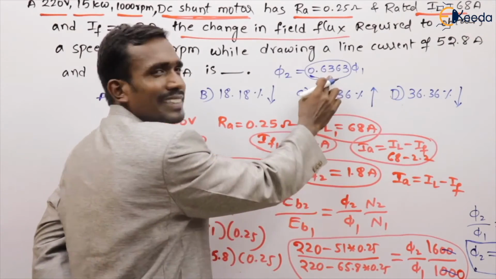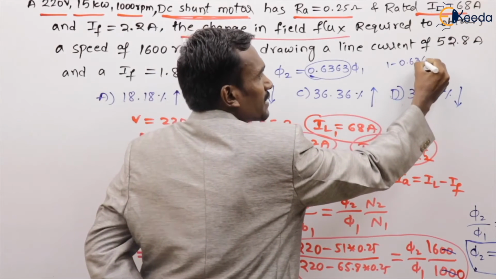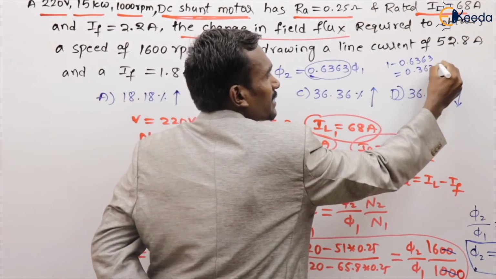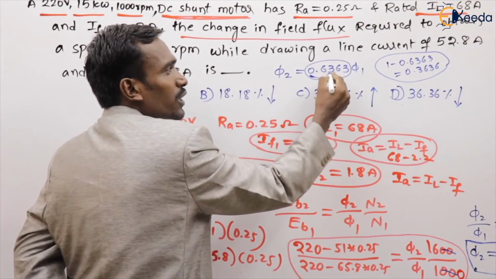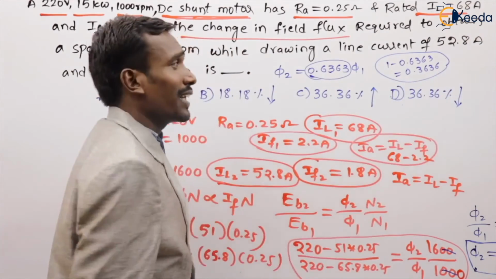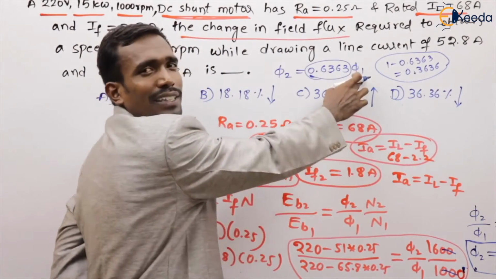How much is it less than 1? Simply 1 minus 0.6363, then you get 0.3636. Yes or no? So it is 36.36% less than phi 1.